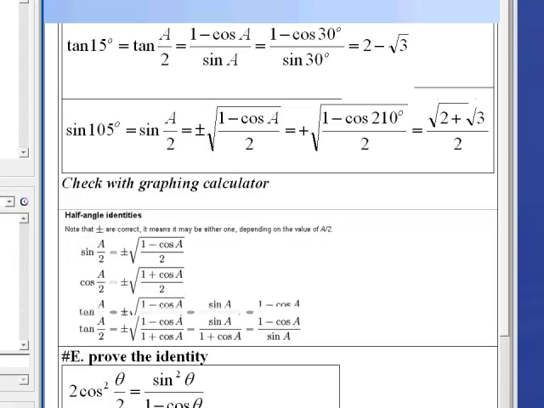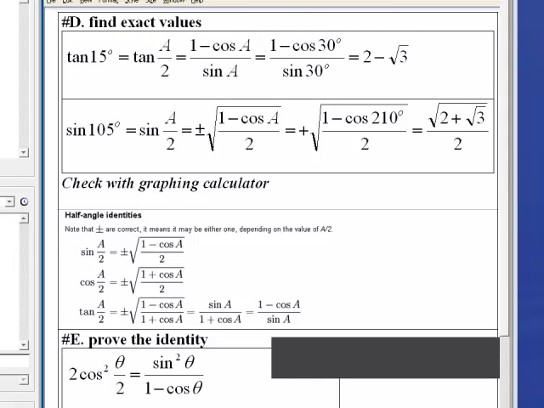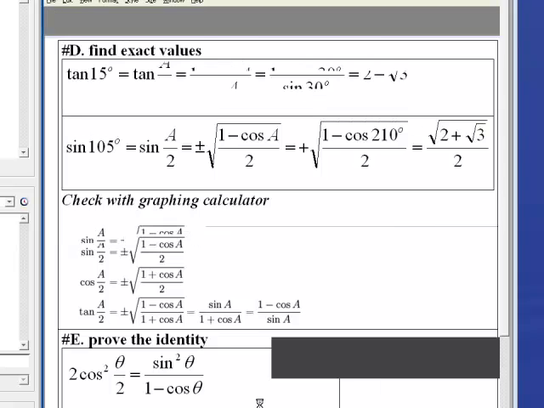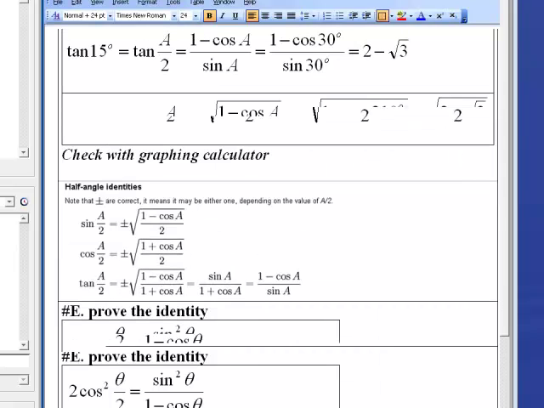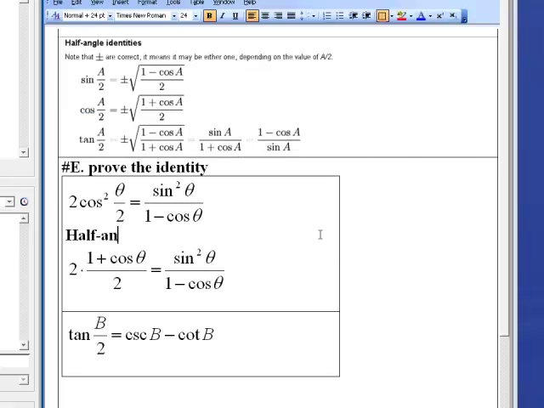So I'll do that. 2 times 1 plus cosine theta, divided by 2. That 2 actually cancels with this 2 here. So what I just did here was a half angle formula.